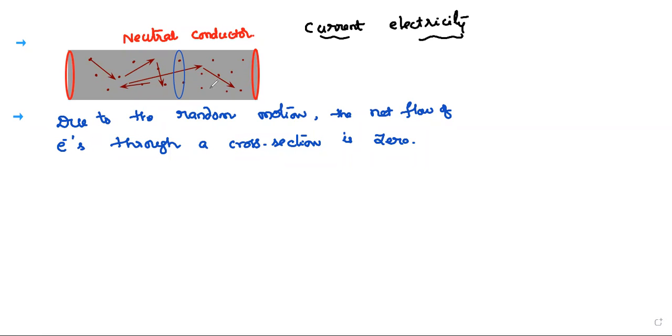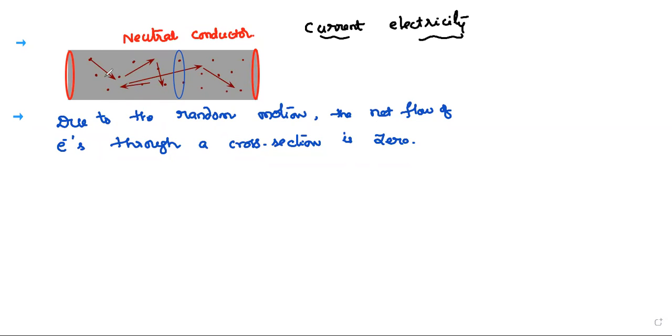So the main disadvantage you observe here: even though it is a neutral conductor, since it is a conductor, the conductor has a number of free electrons inside. But the only disadvantage is due to the random motion, we are not getting any net flow.